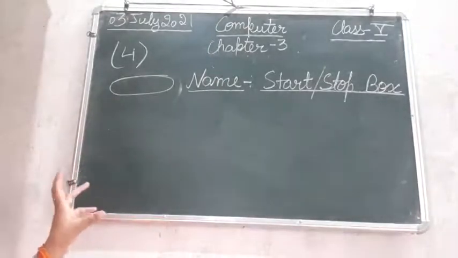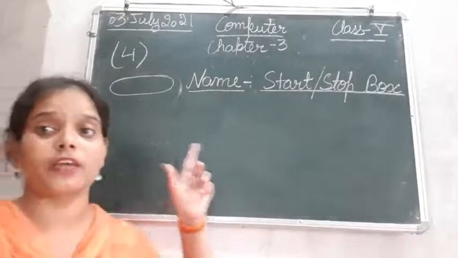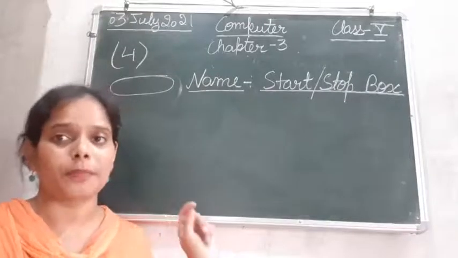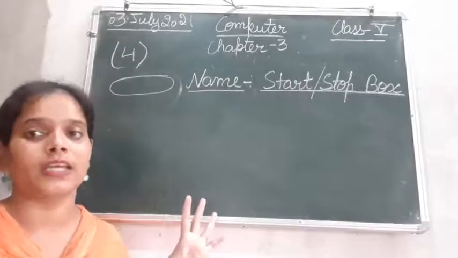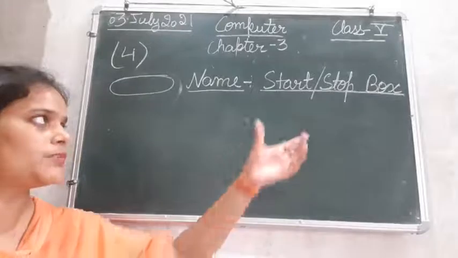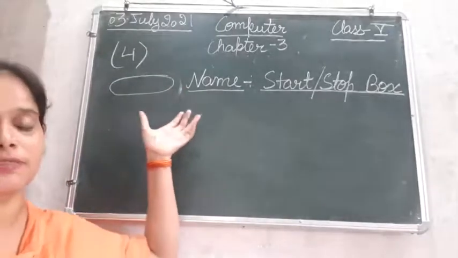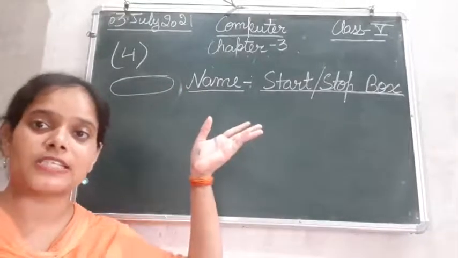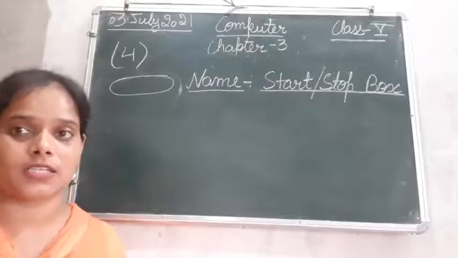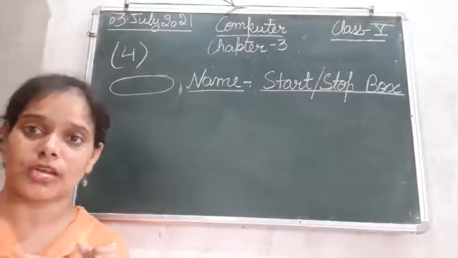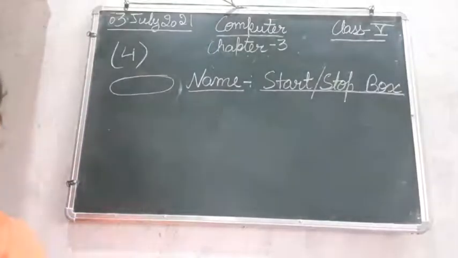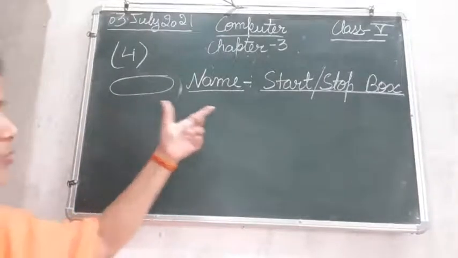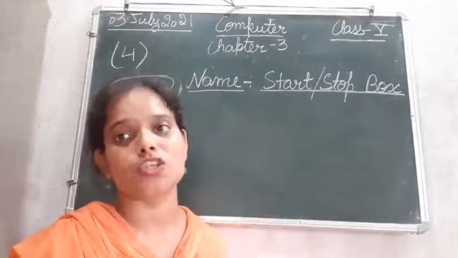So this oval shape की हम जो symbol है बेटा इसको use करते हैं for starting and ending the flow chart. So we use it at the initial stage as well as at the last when we are making a flow chart. This symbol is used as the start and stop box.